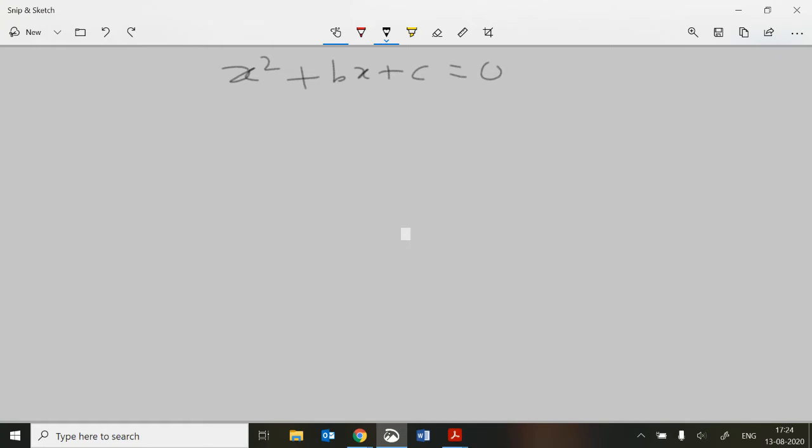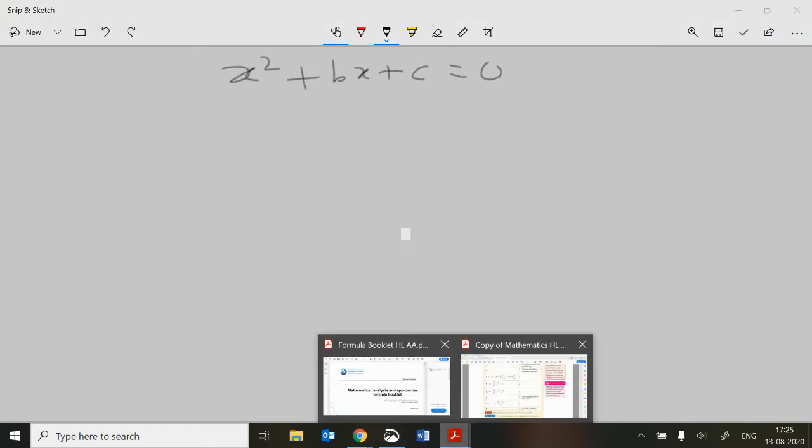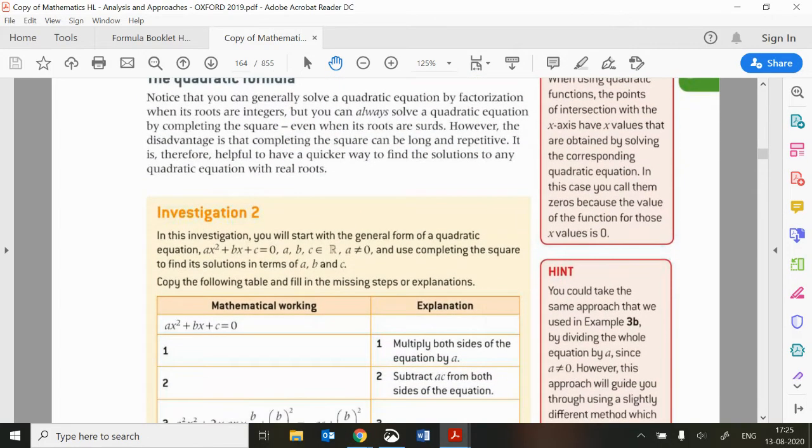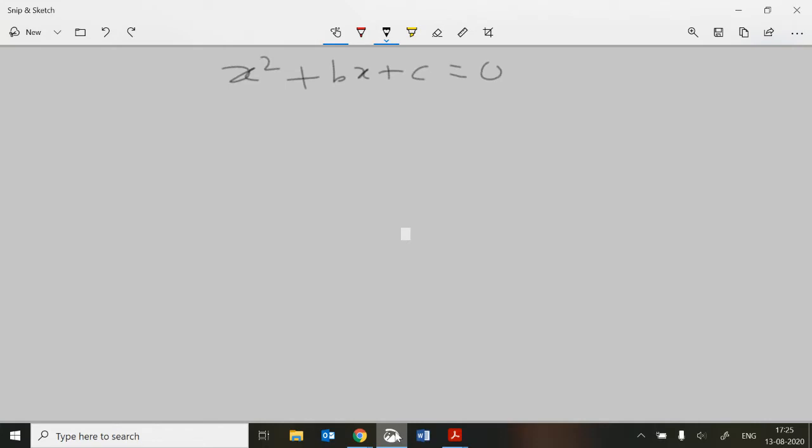And by the way, you could do that for any quadratic equation, because if we had the a there, we could divide everything throughout by a, and we would have our coefficient here being b over a, and the coefficient here being c over a. So we could use this new formula, which I'm about to develop. If that doesn't make sense, maybe I'll do a question at the end.